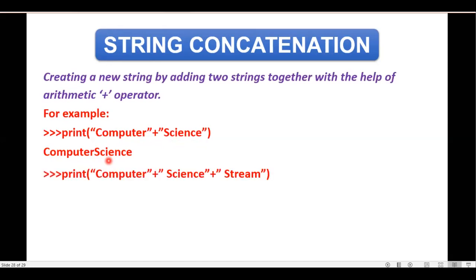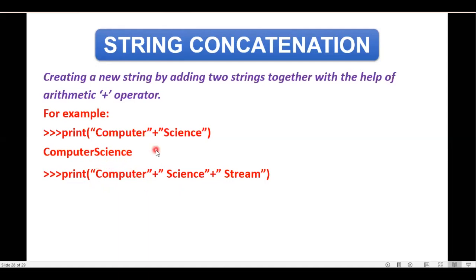Another example we can take. Now here in this print statement, I have taken three strings: computer, science, and stream. As you can observe, I have taken one space also in my second and third string. What is the reason behind taking a space after these double quotes? Because, as you have seen in my previous example, no space is generated by this concatenation operation.